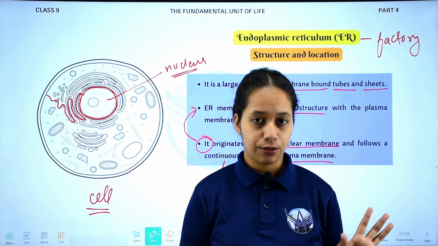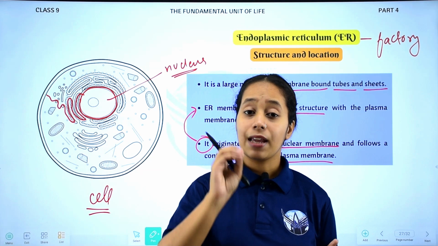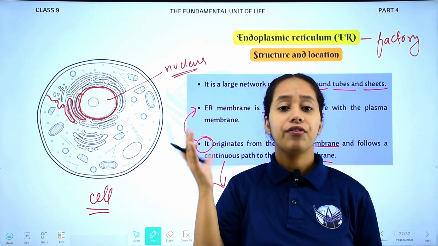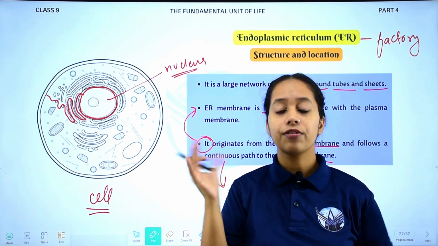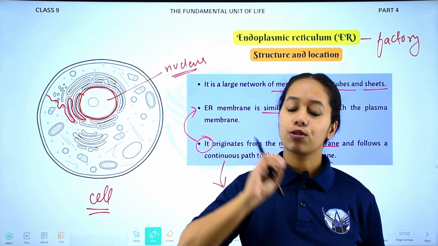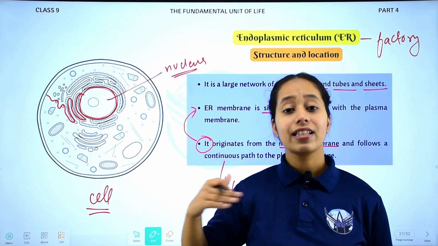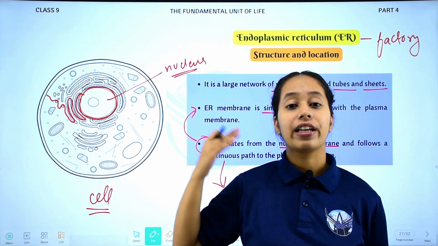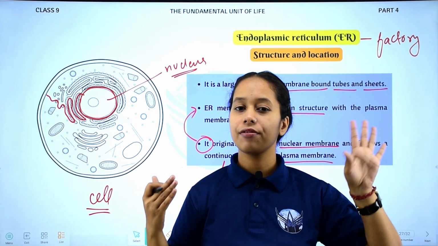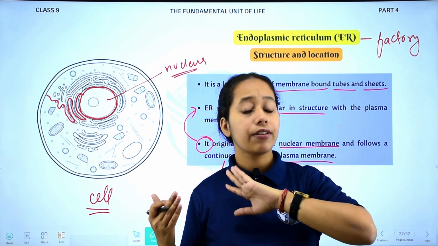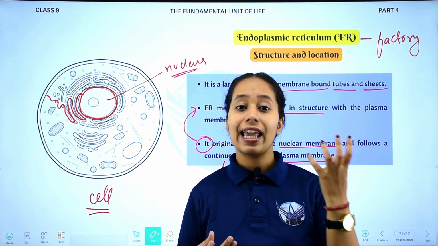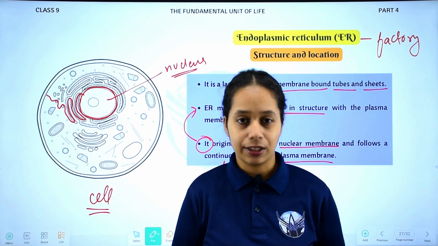The ribosomes give a very rough look to the ER. Those ER which have ribosomes attached to their surface are known as RER or rough endoplasmic reticulum. And those endoplasmic reticulum which do not have any ribosomes attached to their surface are known as SER or smooth endoplasmic reticulum.